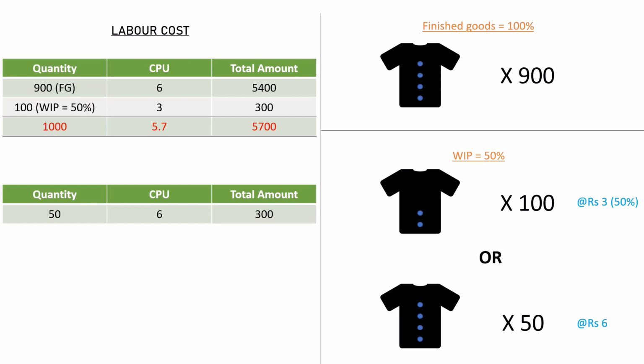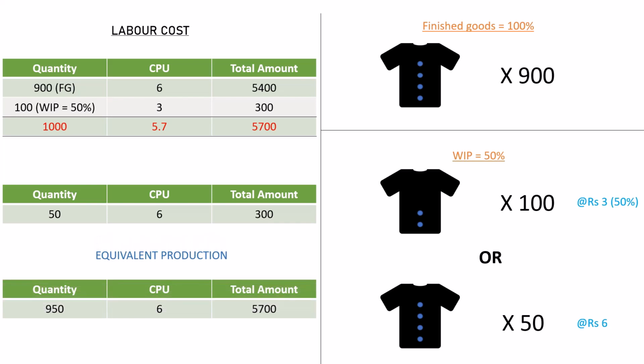So in our example, instead of saying I have 1000 units, out of which 900 are complete and 100 are half complete, I can say 950 units are fully complete. So 950 is my equivalent production. We know cost per unit is 6. And if you notice, the amount is the same, rupees 5,700, because the work performed on it is the same.